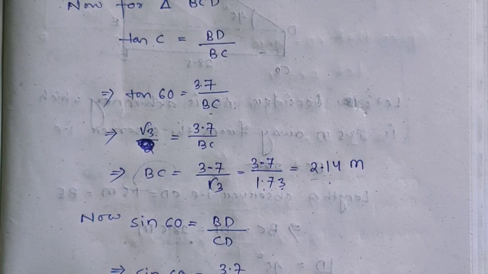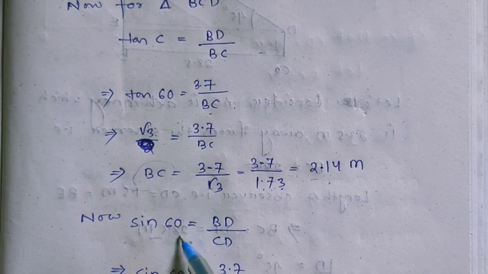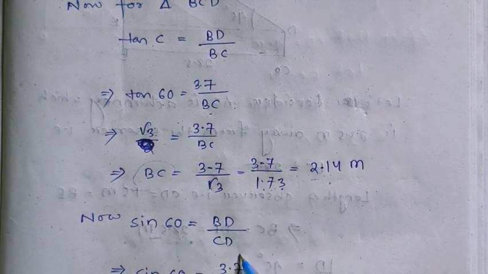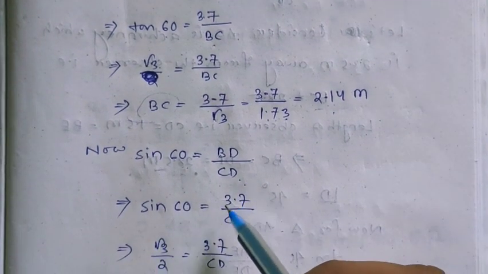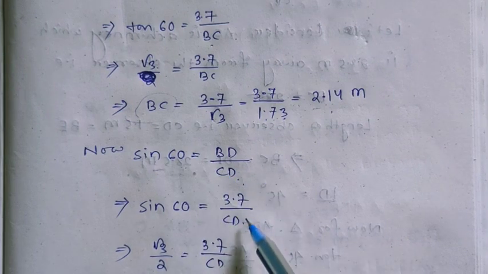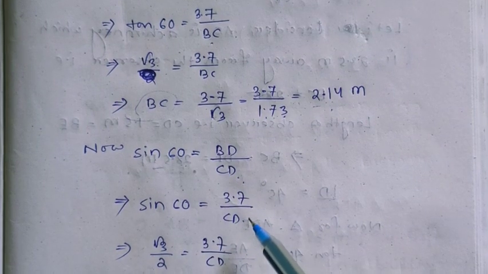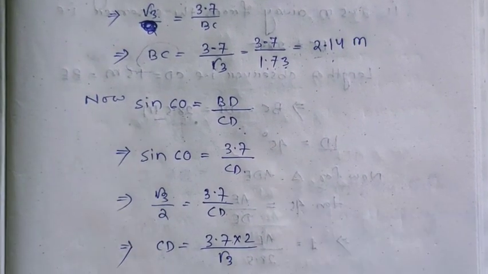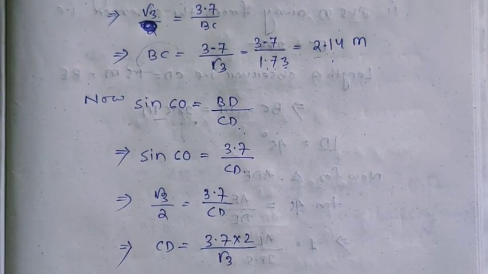So here we have found BC, and what we have to find? CD. So we know that again sine 60 is equal to P by H, that is BD by CD, right? Then sine 60 is equal to 3.7 by CD, because BD we have found 3.7. So root 3 by 2, because sine 60 is equal to root 3 by 2.